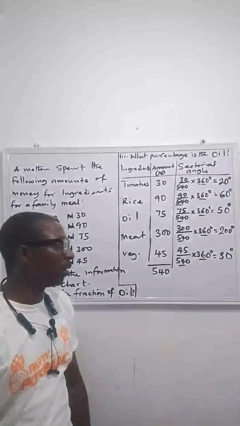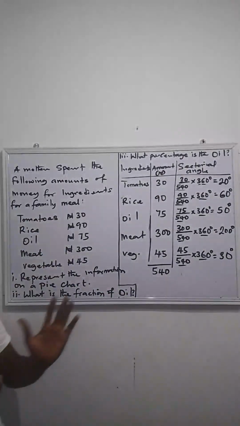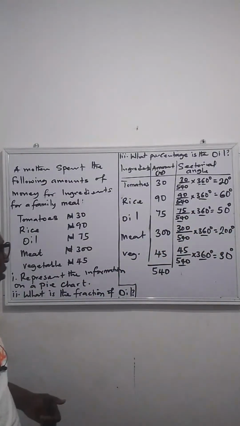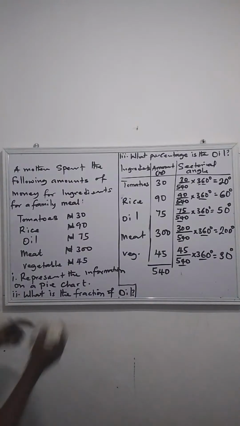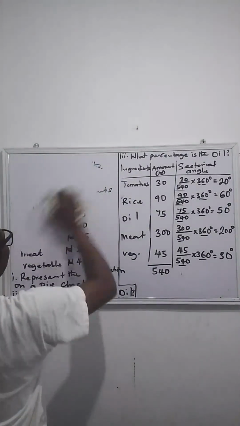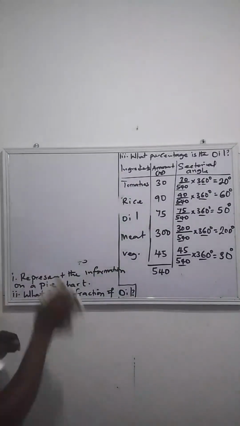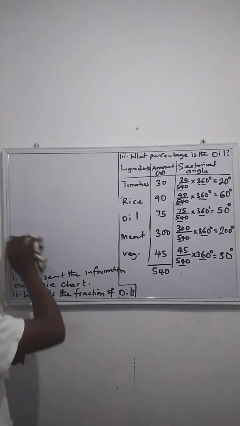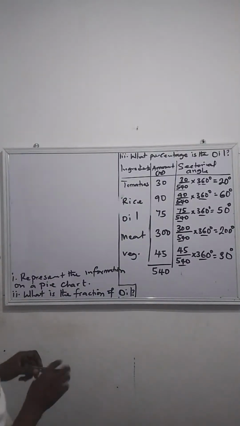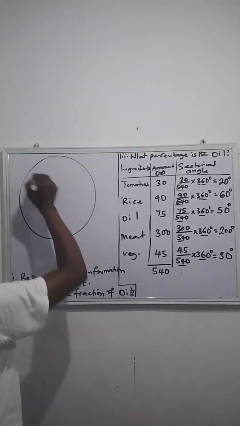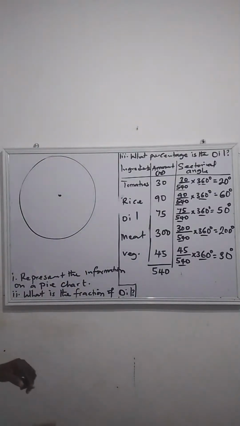All right, so the next thing to do is to represent this on my pie chart. So let's do that. You need to get a pair of compasses and your protractor. You draw a circle with a convenient radius and you start.